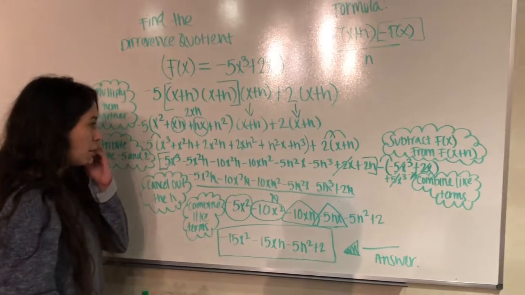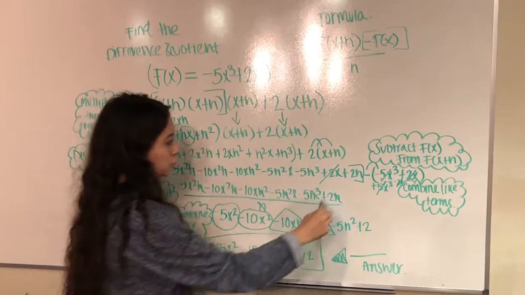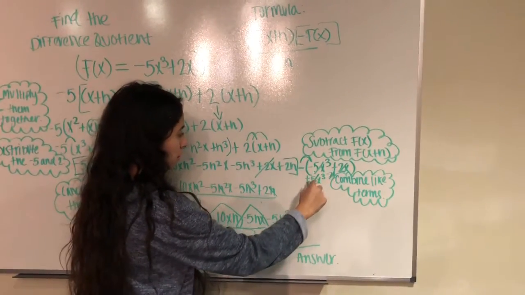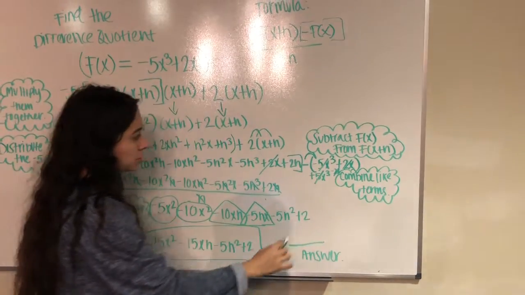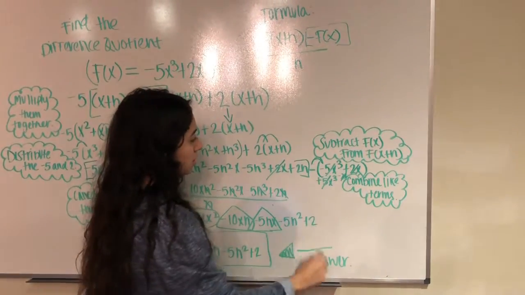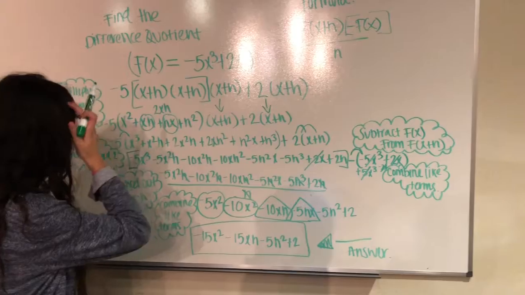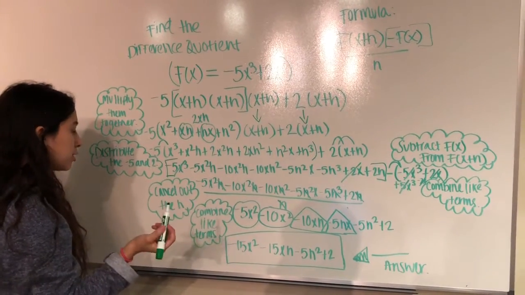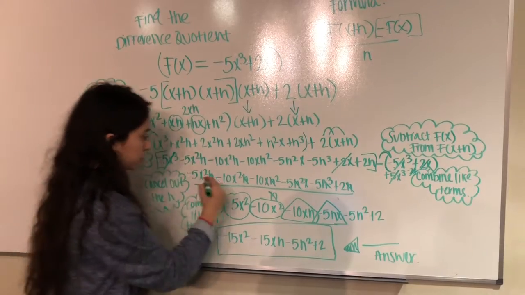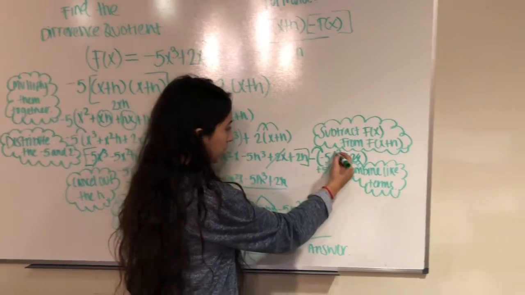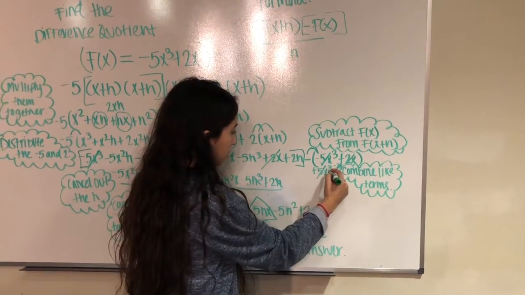So what we're doing now is we're going to distribute the negative, and that's going to become a positive 5x cubed, and then we're distributing the negative, and it's going to be a negative 2x. So now what we're doing is we're going to cancel out the like terms. So negative 5x cubed is going to cancel out with positive 5x cubed.